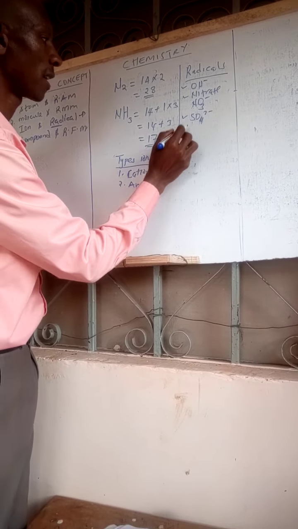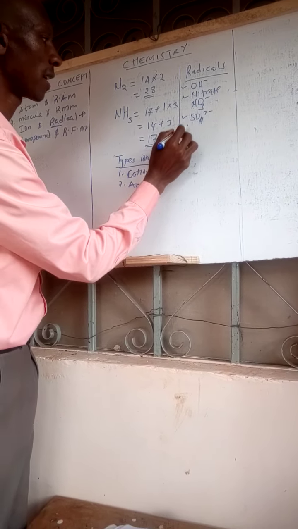On to the compound. What is a compound? A compound refers to a pure substance which consists of more than one element that are chemically combined. Examples of compounds: the first example, sodium hydroxide.